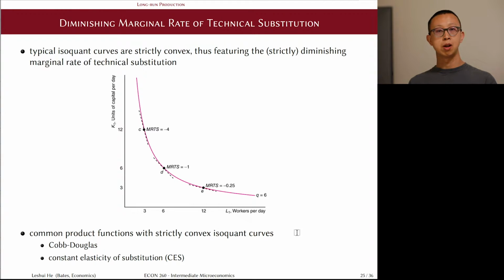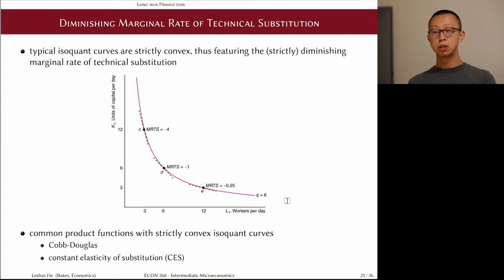Because the isoquants are convex, they exhibit a diminishing marginal rate of technical substitution. This means that as we increase the amount of input on one axis, it will be able to replace less and less of the other input. Here we see on this graph that the absolute value of the slope of the isoquant decreases as L increases.